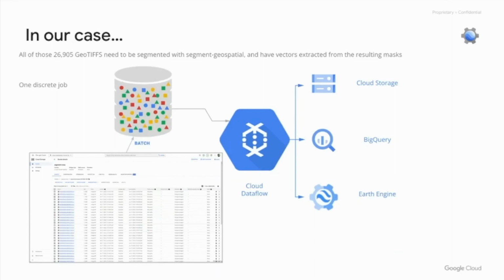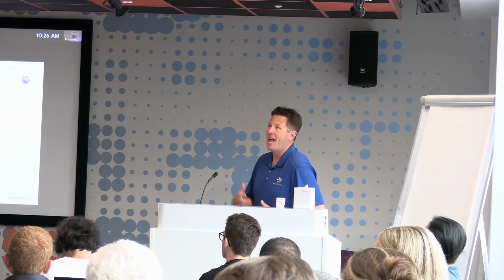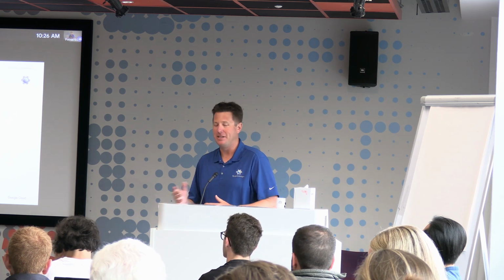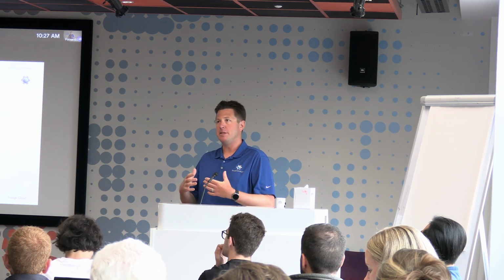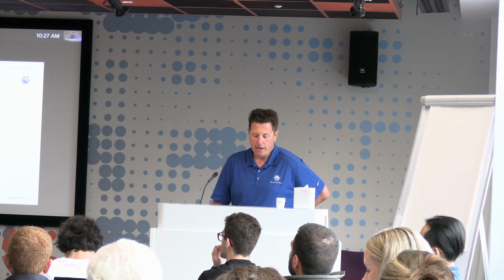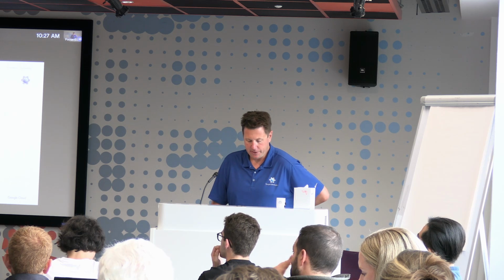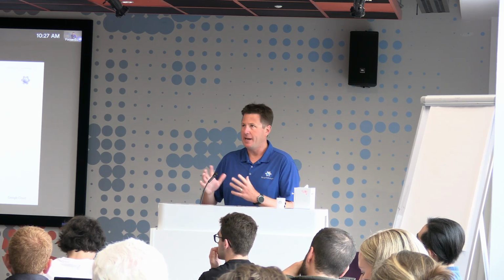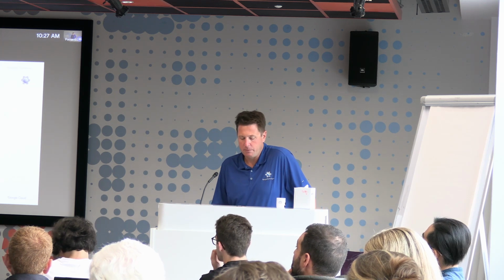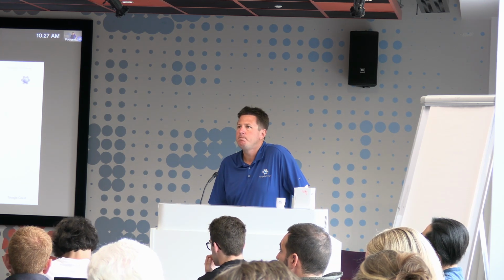And then our outputs, or our sinks, are designed to be cloud storage, BigQuery, and Earth Engine. As of right now, our output is cloud storage because I didn't finish this entirely. But the idea would be this would be a perfect thing to push into BigQuery or into Earth Engine. And then the Earth Engine piece is fairly straightforward. Without that connector, it's enticing, but not exactly useful to push that data into BigQuery at this time.